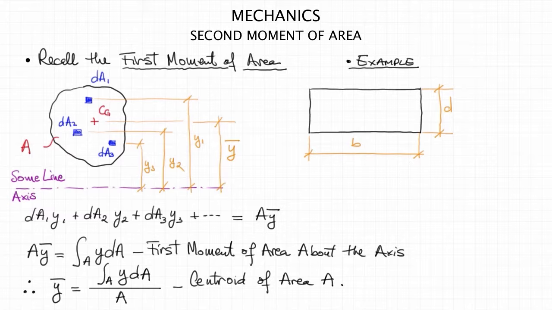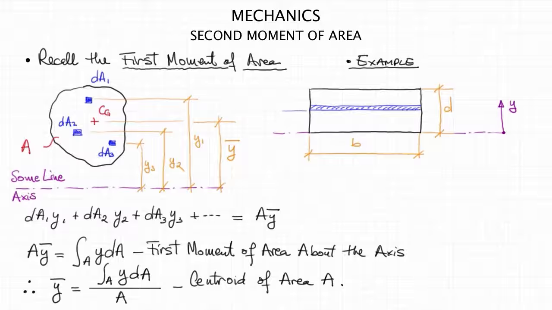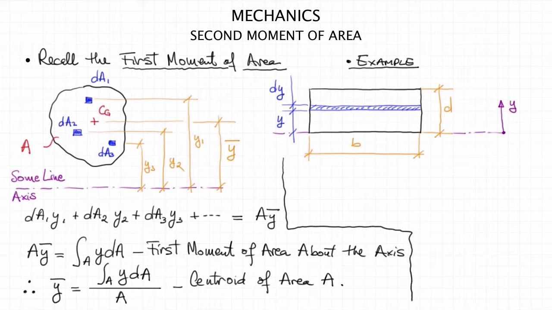And in order to express the integral, we select an arbitrary axis, let's say the purple one, from where we're going to measure the y coordinates in the upward direction, as well as a very narrow, infinitesimally narrow element of width dy located at a distance y from the arbitrary axis.